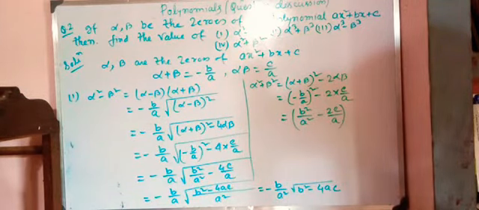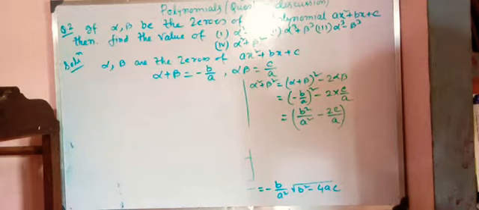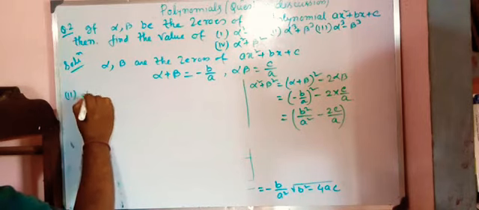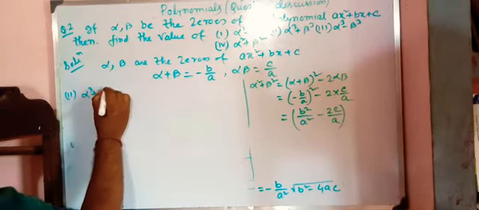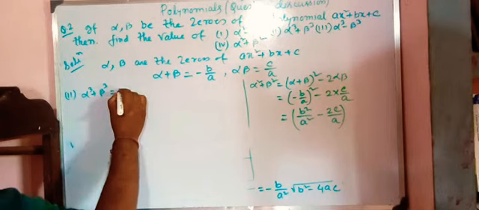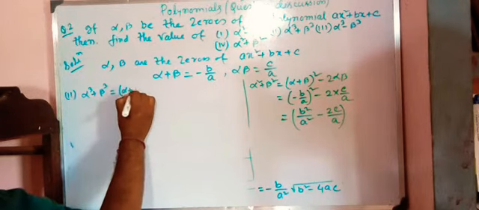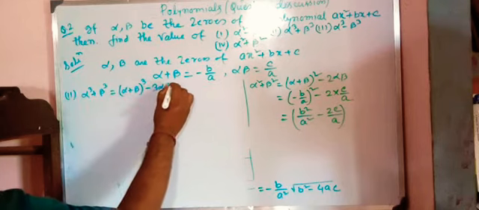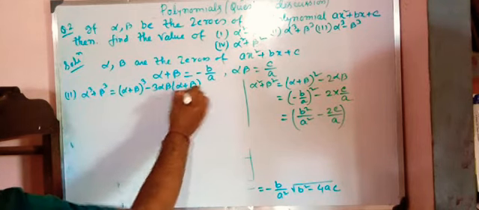Next we move to alpha cube plus beta cube. So next we are going to find the value of alpha cube plus beta cube. Here is question number 2, alpha cube plus beta cube. Now the formula is alpha plus beta whole cube minus 3 alpha beta into alpha plus beta.